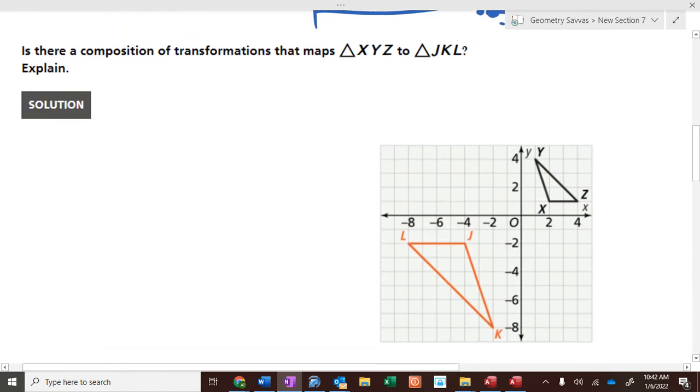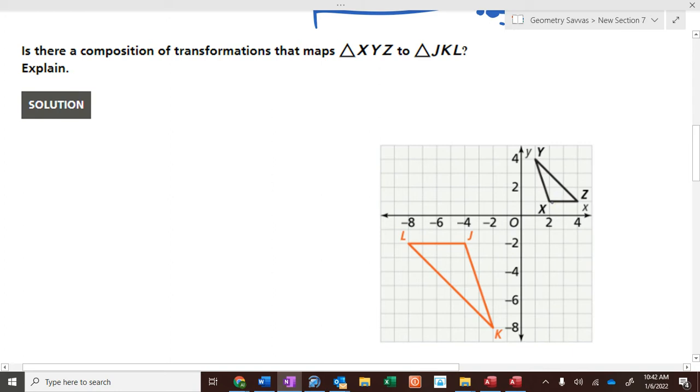Now, can you come up with the transformation that made this into this? Okay? Does it look like a reflection, rotation, or translation? Looks like a rotation to me. Yep, looks like it rotated like this. So let me redraw this with a rotation down here.